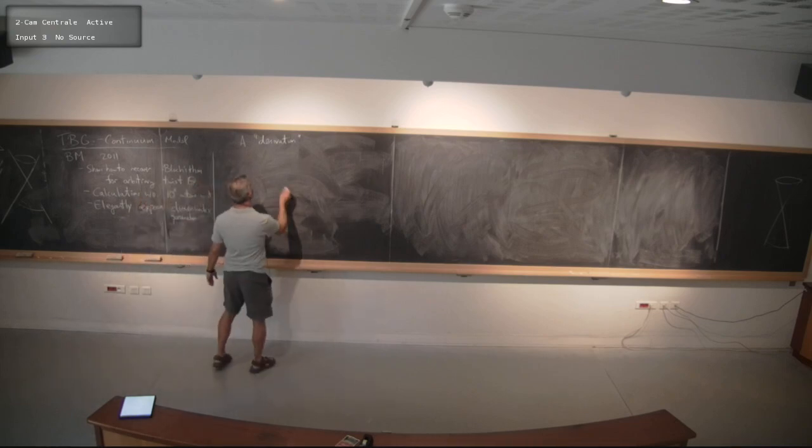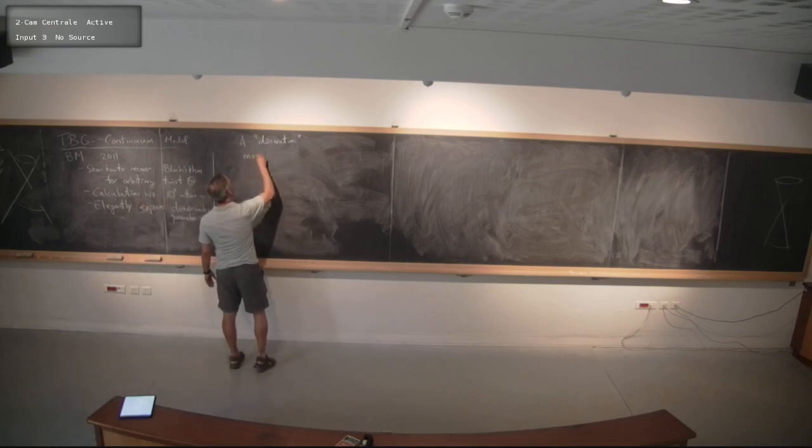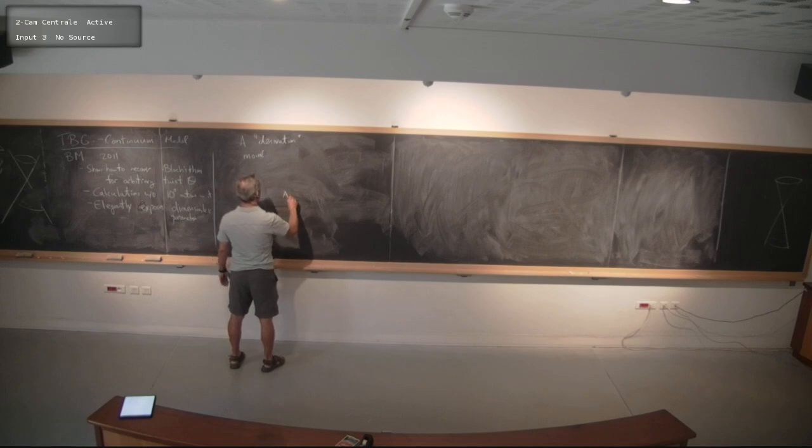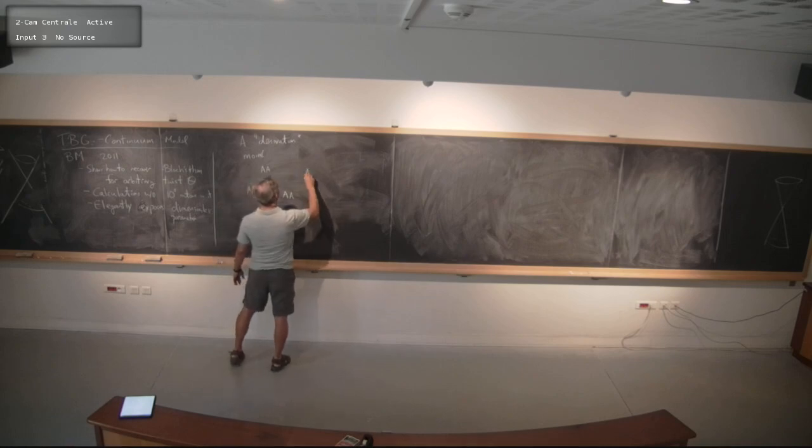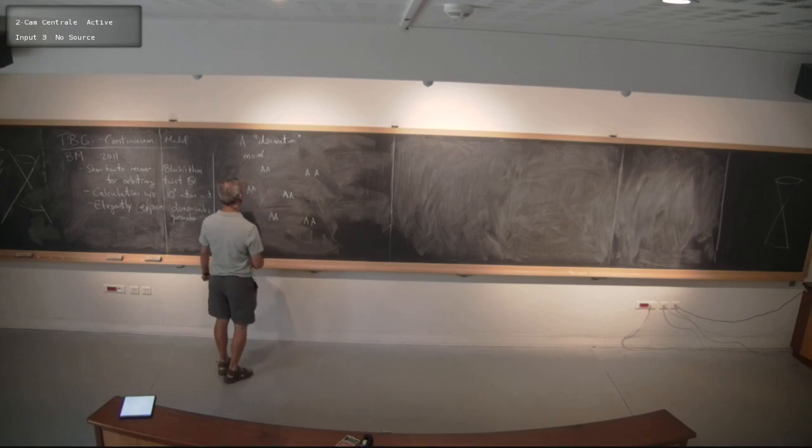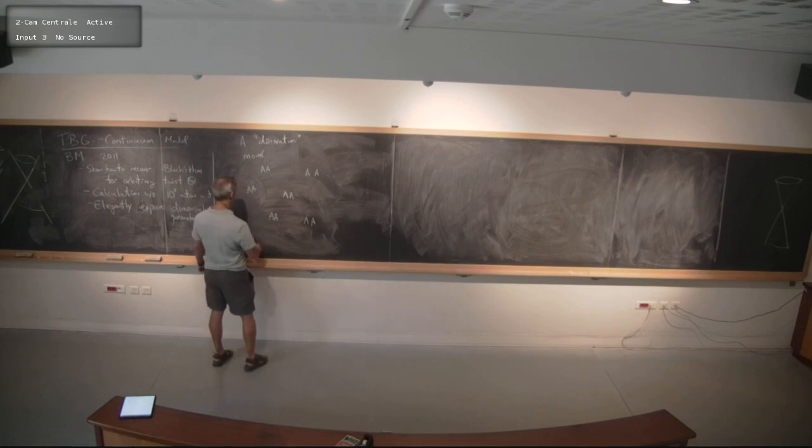If you looked at that Moire structure, you would see a triangular lattice of AA regions, something like this. In between here, you'd see AB and BA regions, probably something like this.